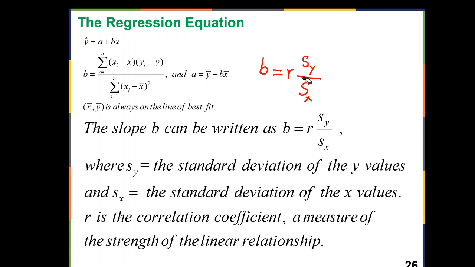Or you can multiply by the reciprocal of this. If you have b, you can find r. Of course, with our formula, we find b first, and then we can get r out of here if we multiply by the reciprocal of this. So that's the connection between b and r.